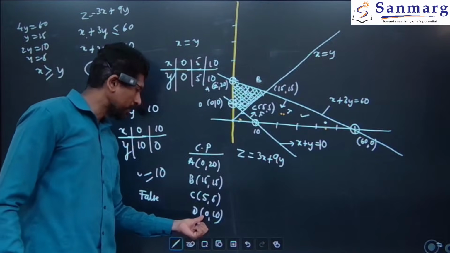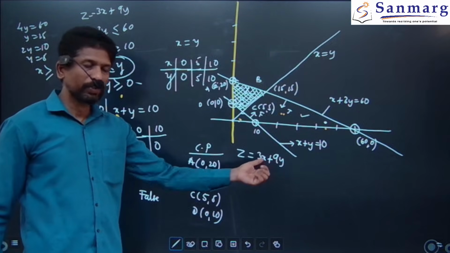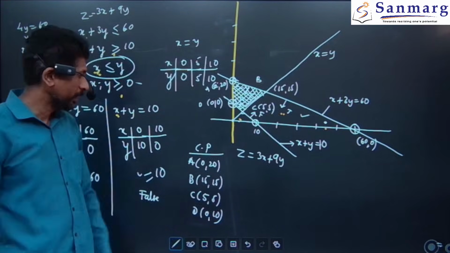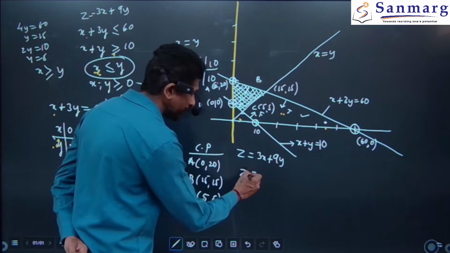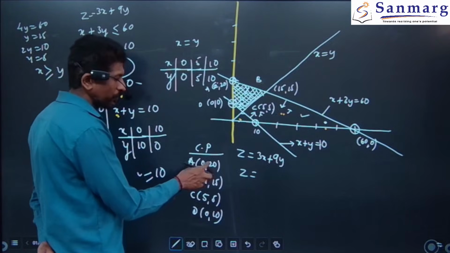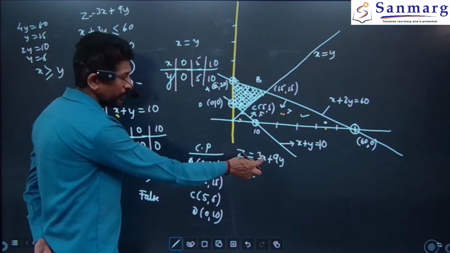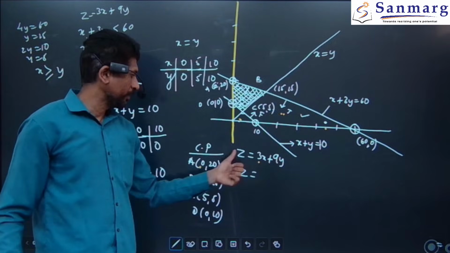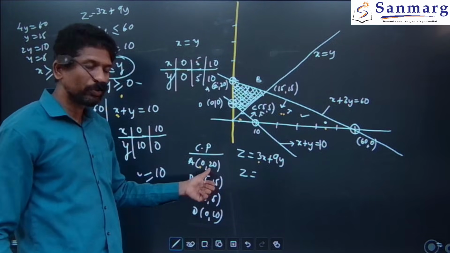These 4 corner points you have to substitute in the objective function, then you can analyze the maximum and minimum points. So for Z, x is 0, y is 20 now. If x is 0, 3 into 0 becomes 0, but 9 into 20 is 180.